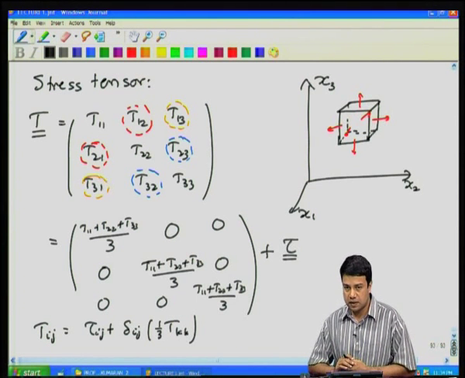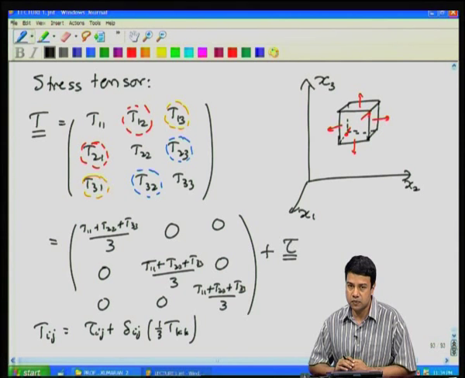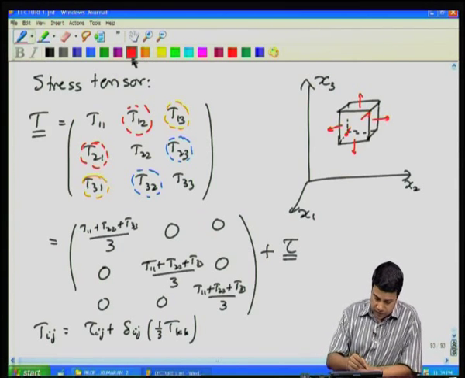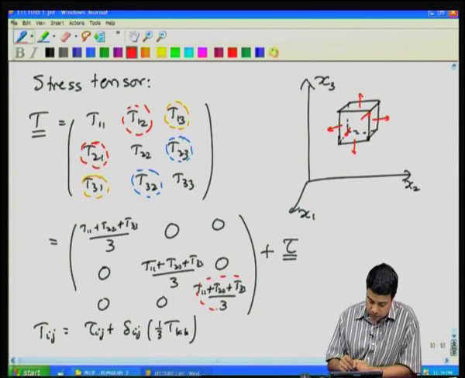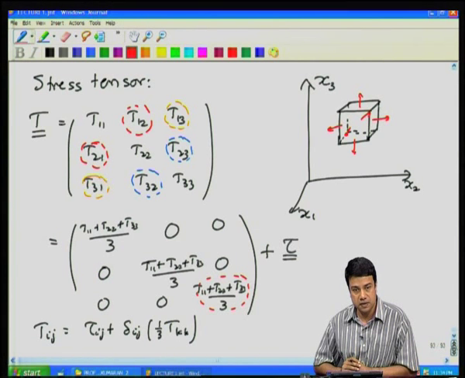Tkk repeated index, that means there is a summation, no unit vector. So, Tkk is T11 plus T22 plus T33. Okay. Therefore, 1/3 Tkk is what I have here, T11 plus T22 plus T33 divided by 3, that times the identity tensor is the isotropic part and the remaining is the symmetric traceless part.